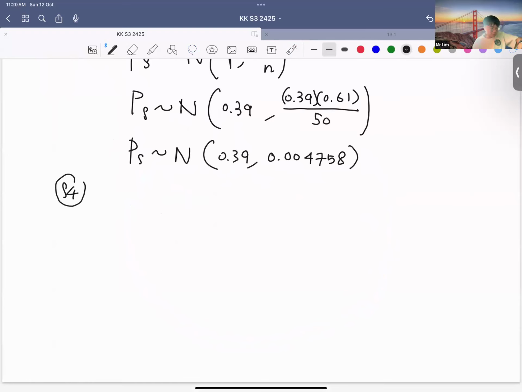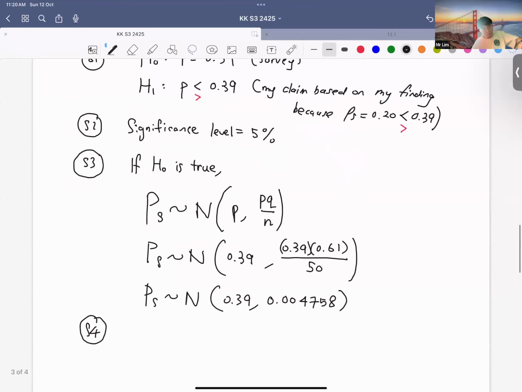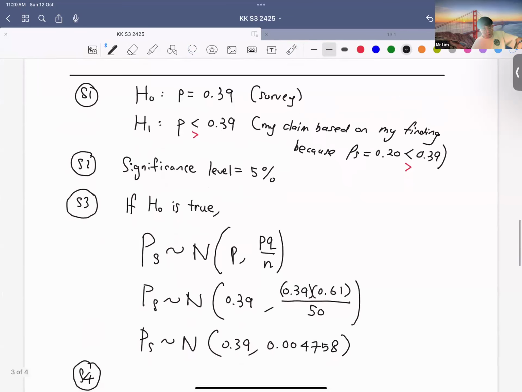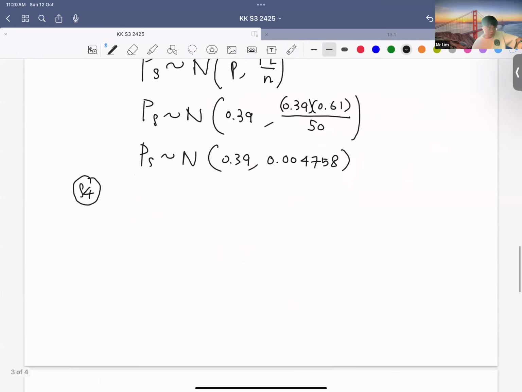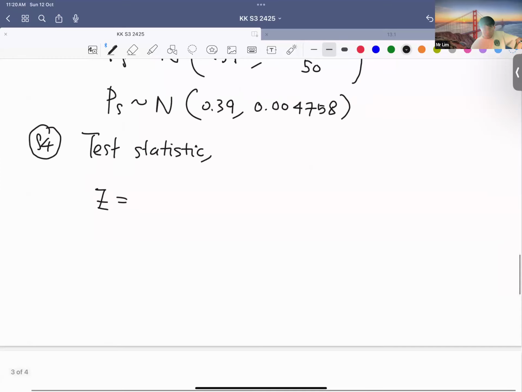Step 4. Our test statistic. In this case, it is Z, right? Z is equal to, well, the formula is here.